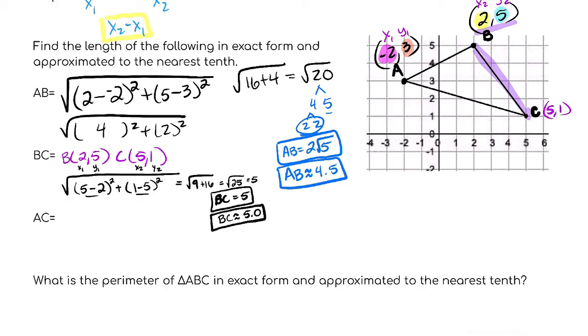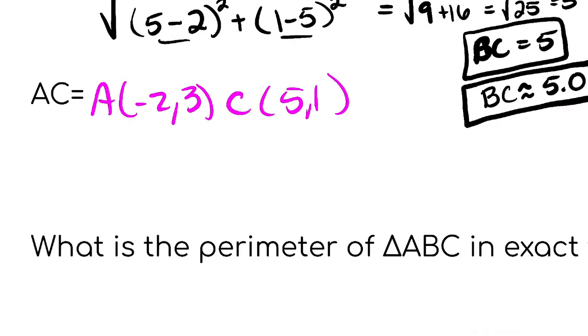And hopefully you tried to find the length of AC. So I'm going to run through finding the length of AC real quick. A is at (-2, 3), C is at (5, 1), and zooming in, this will be x1, y1, x2, y2.